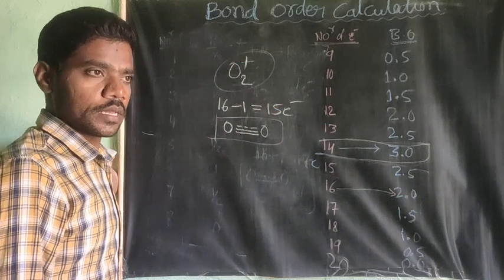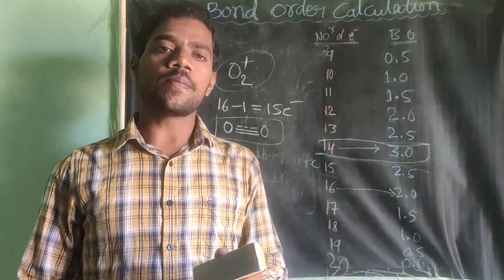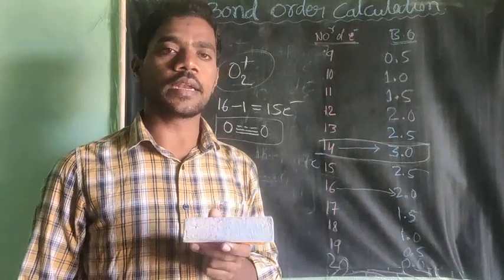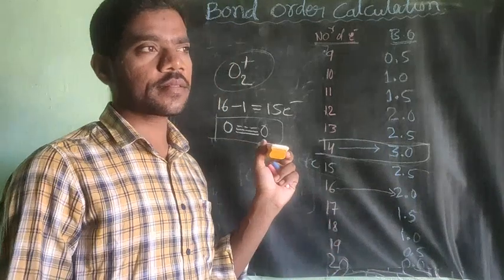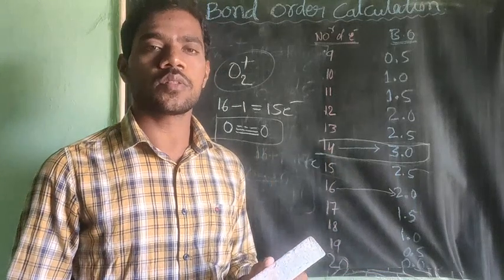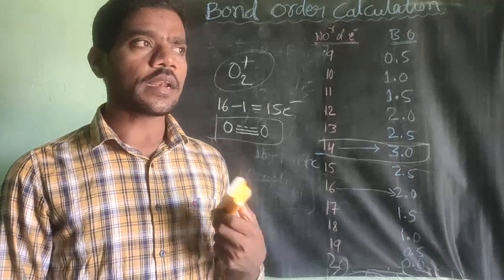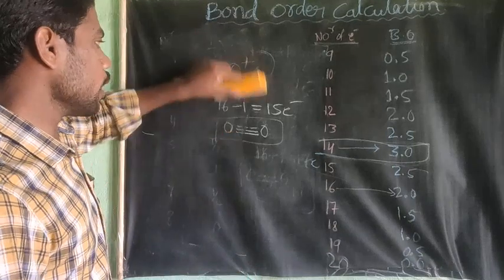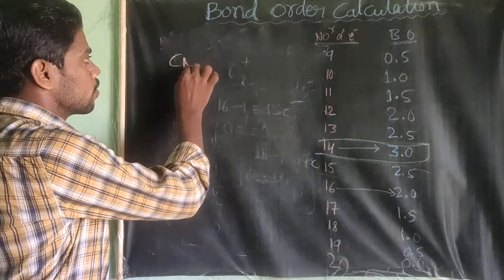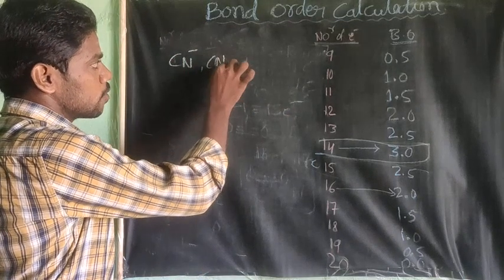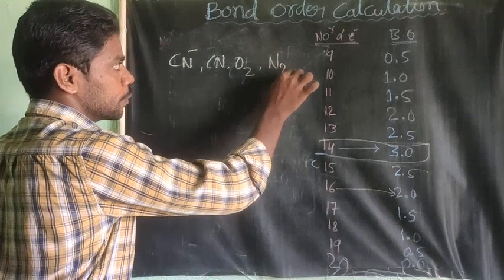Understood? These bond order calculations are applicable only for homodiatomic or heterodiatomic molecules, not for molecules with more than two atoms. In your examinations and all competitive examinations, they ask only about homodiatomic or heterodiatomic molecules. They are not asking directly. I see many questions like this: CN minus, CN, O2, N2.